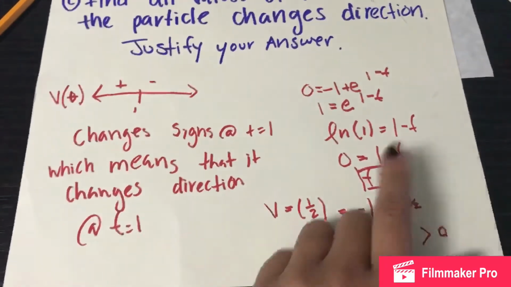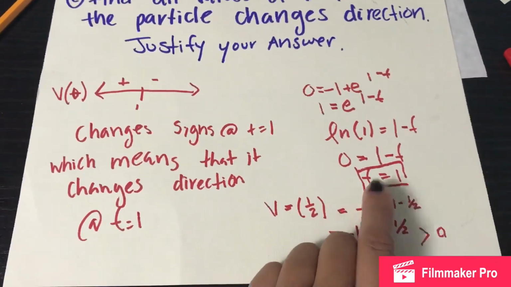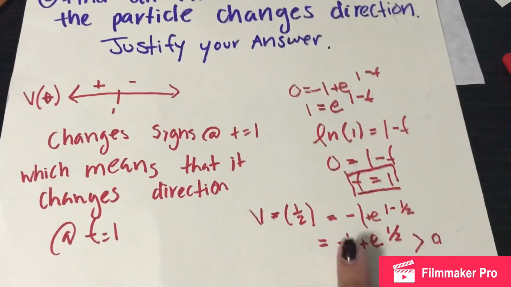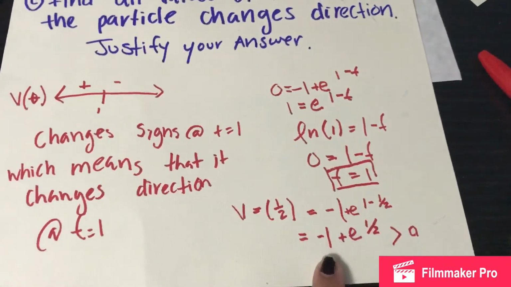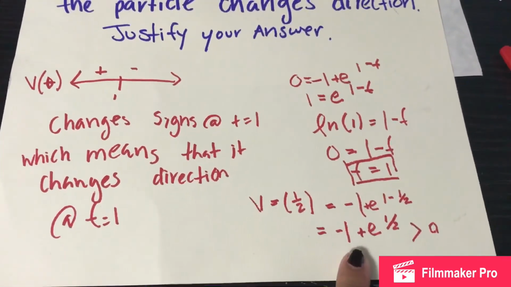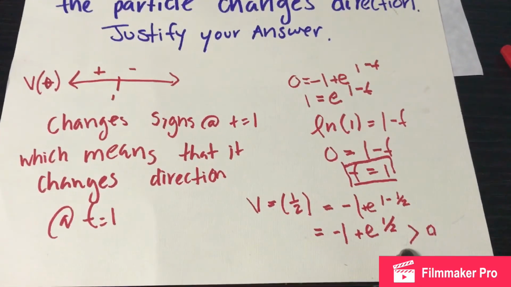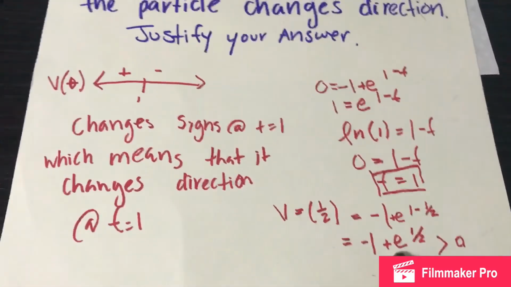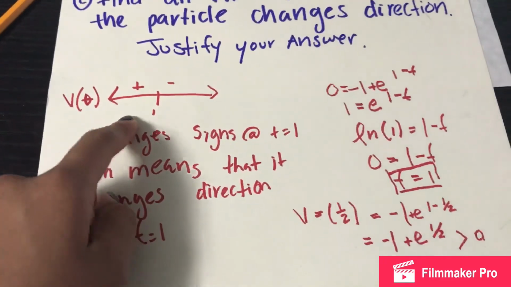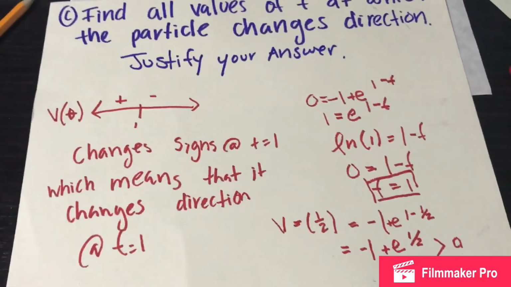Doing that, I get t equals 1. And I also know that if I plug in 1/2 into the equation, I would get that the equation is greater than 0. Therefore, I have a positive here, and yeah, the negative.